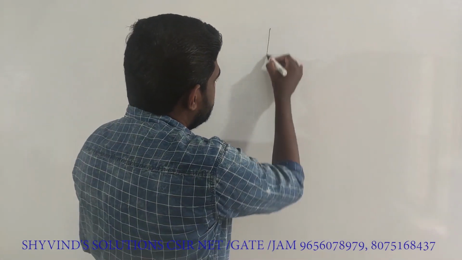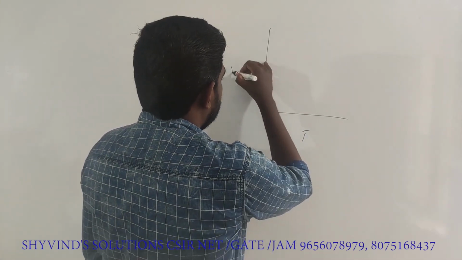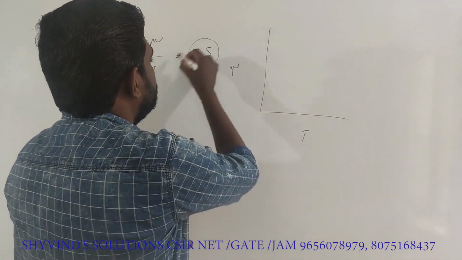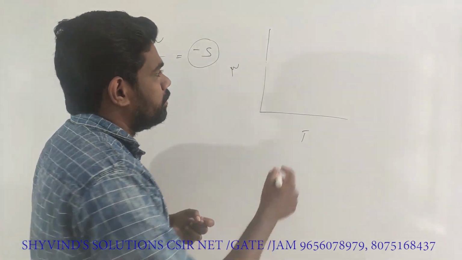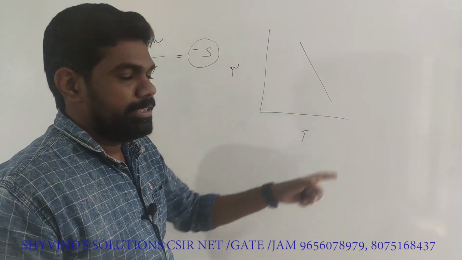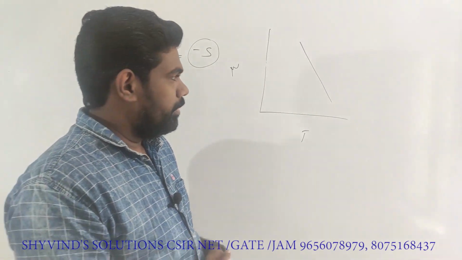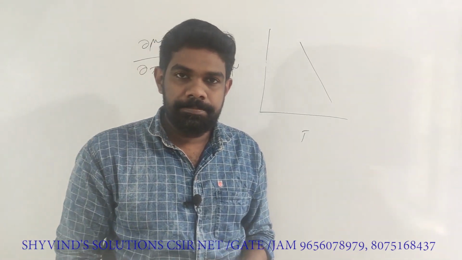So if we plot a graph like this, temperature versus mu, how the slope of the entropy will be? The slope of the entropy must be negative. That means it should be like this. So the slope should be negative, so the nature of the graph should be like this.